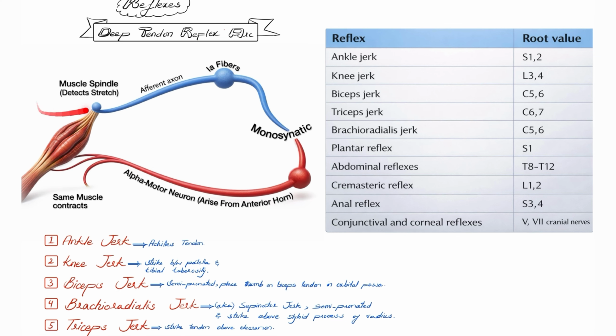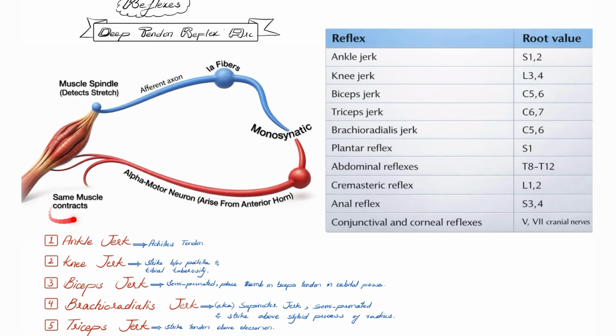There is a muscle spindle which detects the stretch, and the afferent limb is the Ia fibers, which carry it to a particular spinal segment, also called the reflex center, and there is only a single synapse, so that's why it's called monosynaptic. Then the efferent fiber comes out of the anterior gray horn, which is called the alpha motor neuron, and it is supplied to the same muscle which is being stretched.